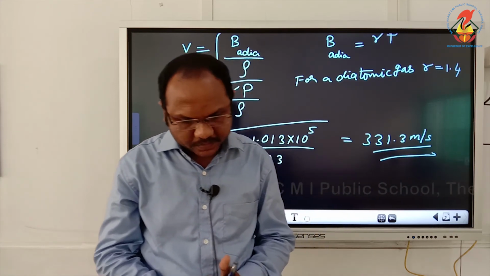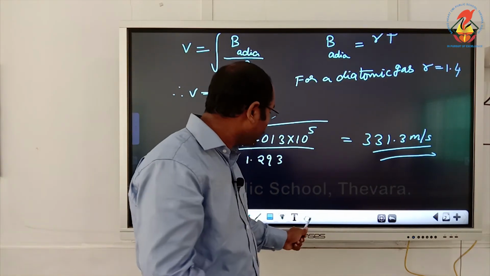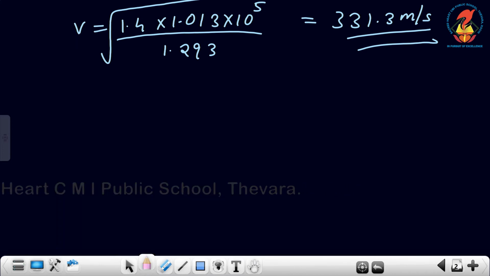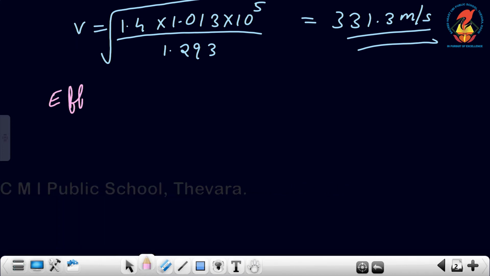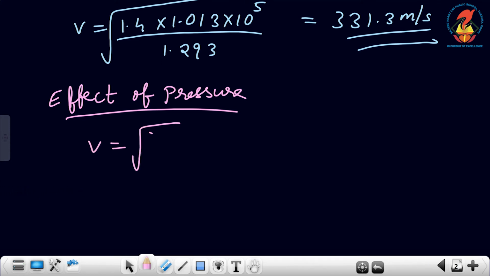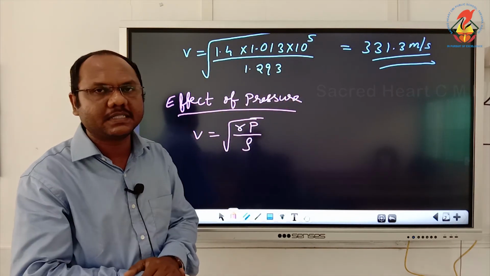Okay. Now, what will happen to the speed of sound when pressure is increased? Effect of pressure on the speed of sound. We already know V is equal to root of gamma P by rho. When pressure increases, the gases are getting compressed.